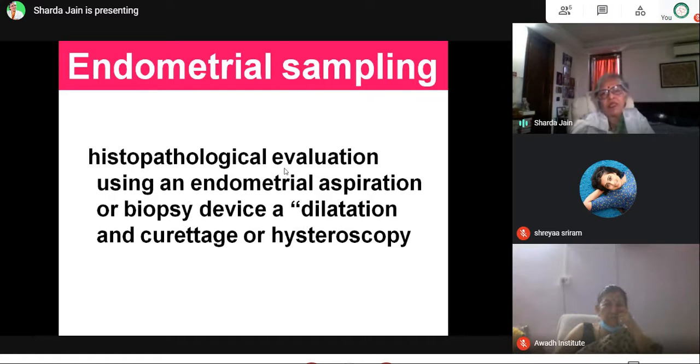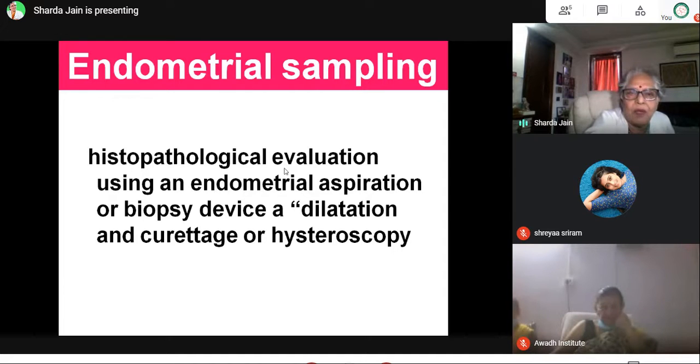Now, when an endometrial sampling needs to be done: whenever a patient, besides the cervical pathology, has an additional endometrial problem in terms of heavy bleeding, scanty bleeding, irregular bleeding, these patients need to have an additional endometrial sampling done at the time of colposcopy. The other category of patients which also require endometrial sampling is whenever there are atypical glandular cells on cytology, on a pap smear.